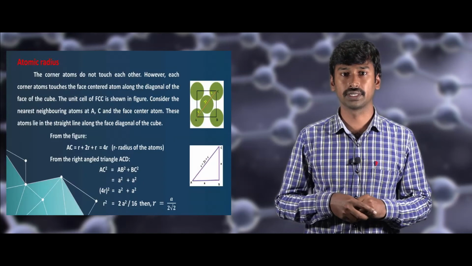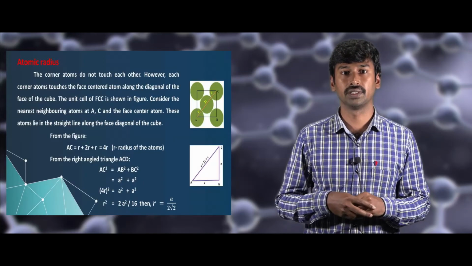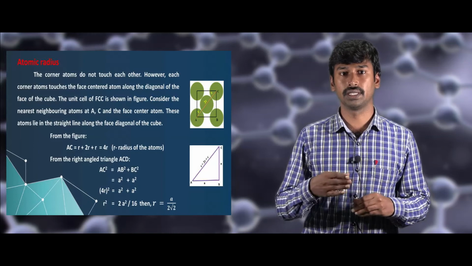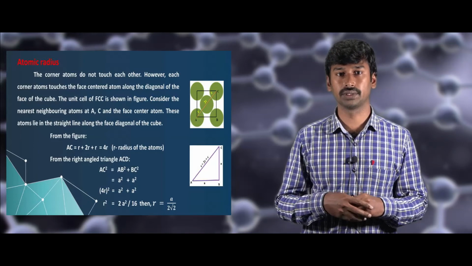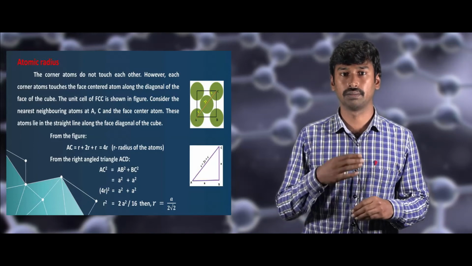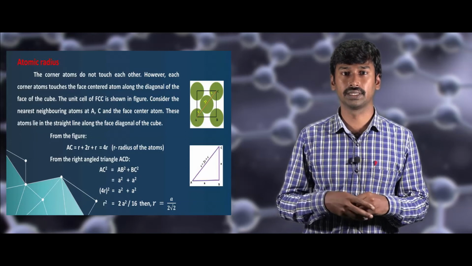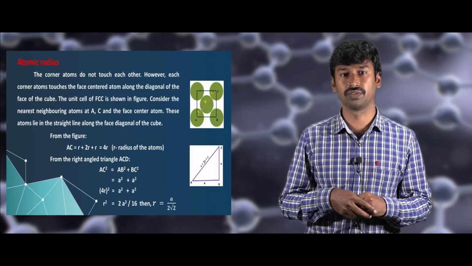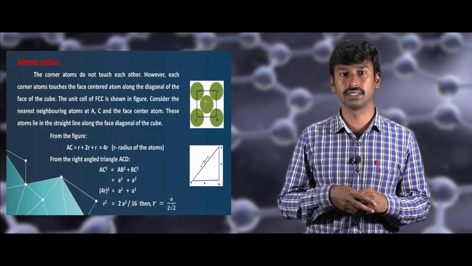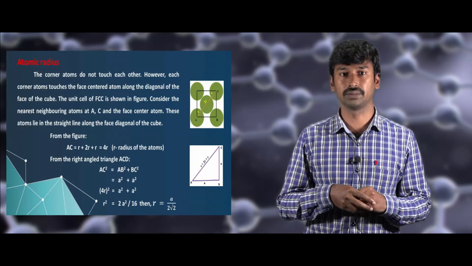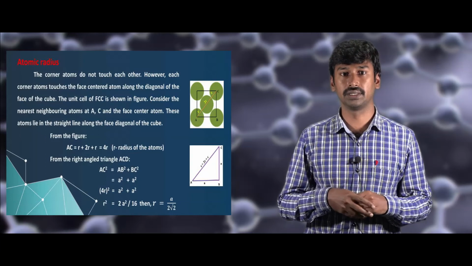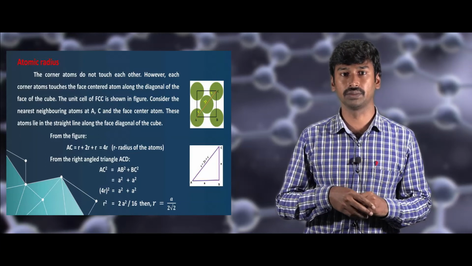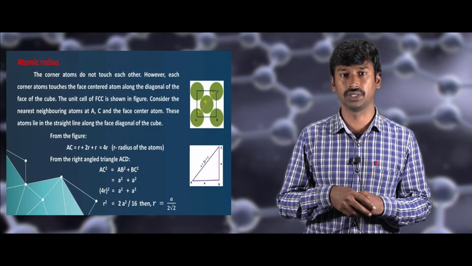Now, we are going to discuss the atomic radius for FCC systems. In this FCC system, the corner atoms do not touch each other, but these corner atoms touch the face center atoms of the system along the face diagonal of the unit cell. Let us consider the figure where the atoms A and C touch the face center atom along the face diagonal of the unit cell.